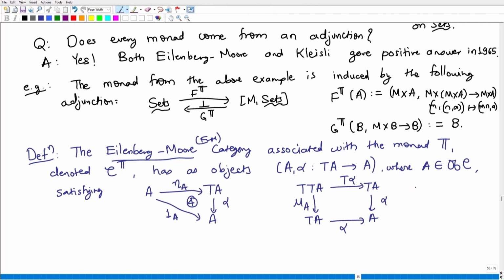If the dot is defined, M cross A to A is defined, and this maps (M, A) to M dot A, then what is this property trying to say?